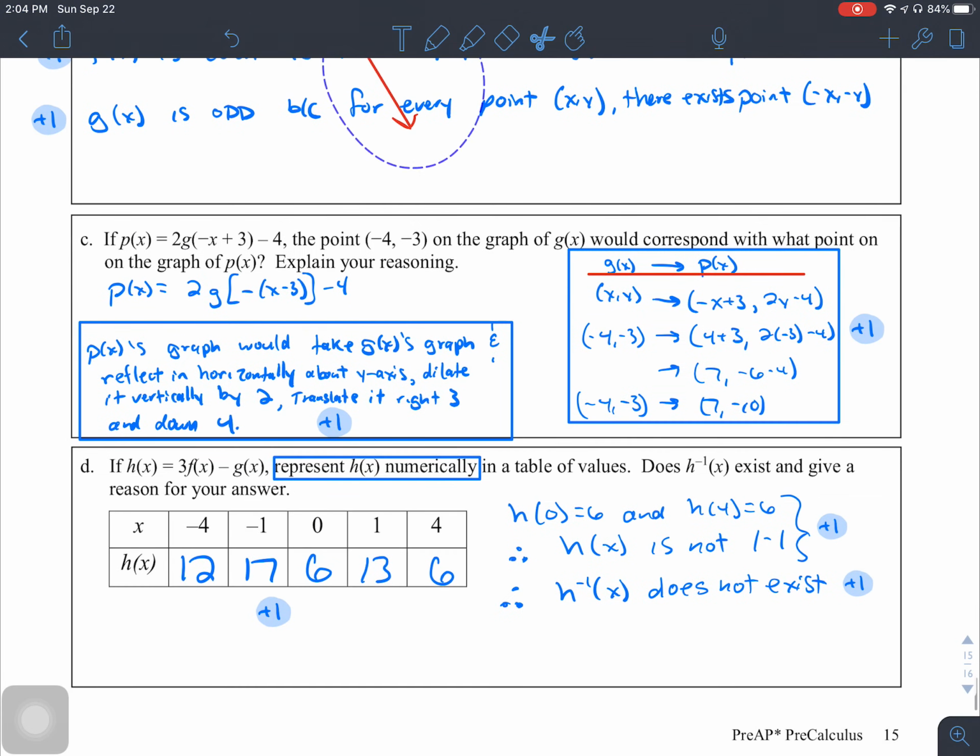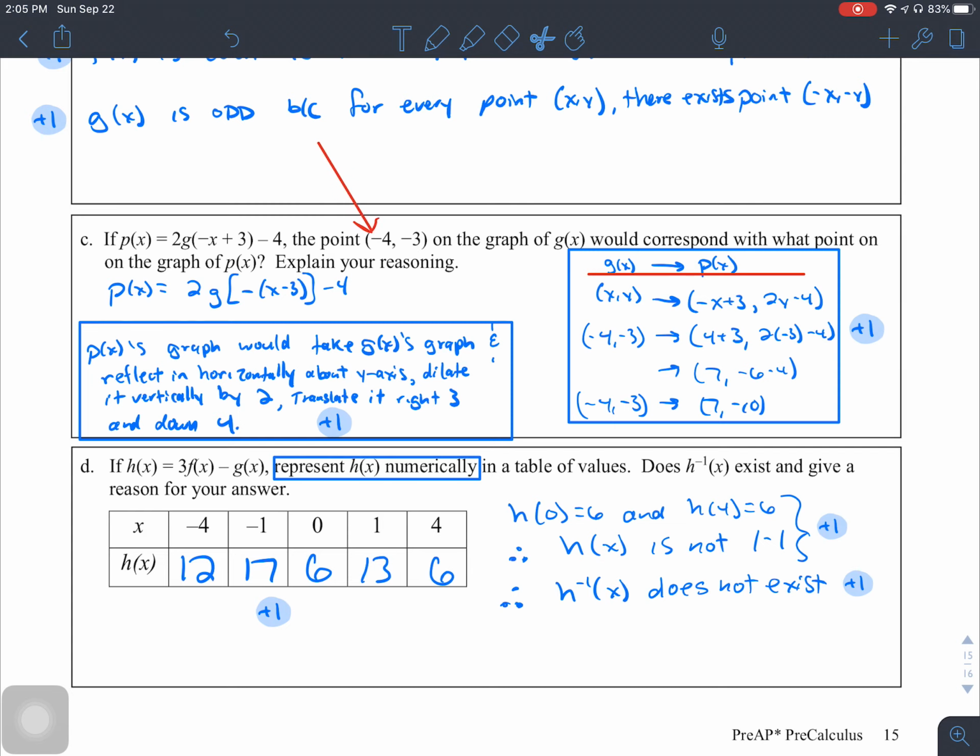Part C. If p of x is 2 times g of negative x plus 3, minus 4, I immediately would change that so the coefficient of x is 1. It's much easier for us to determine what's happening. The point -4, -3 on the graph of g of x would correspond with what point on the graph of p of x?